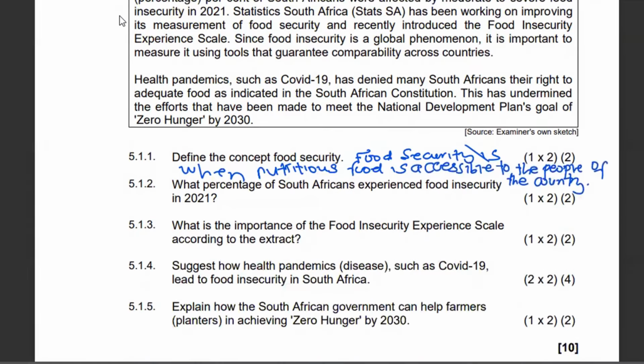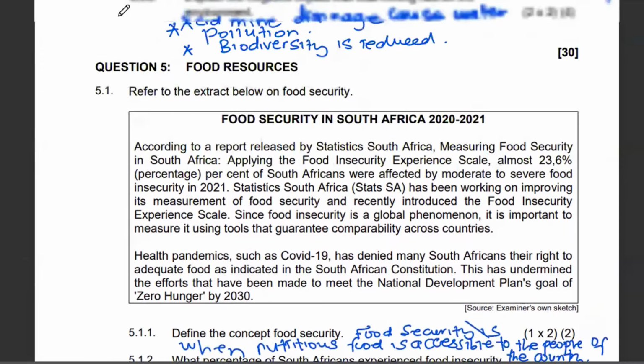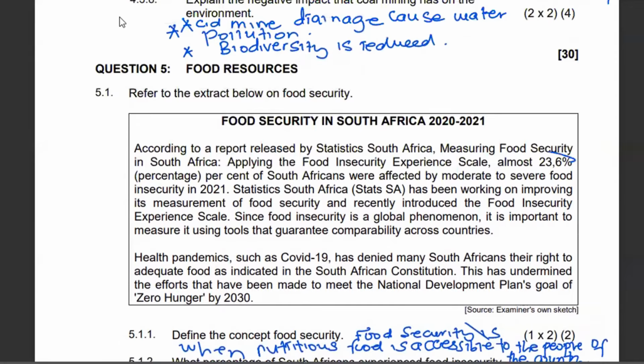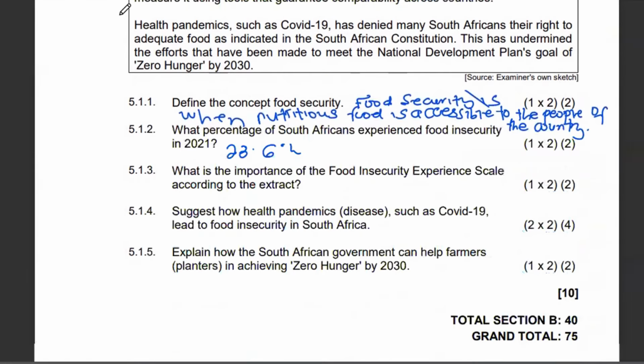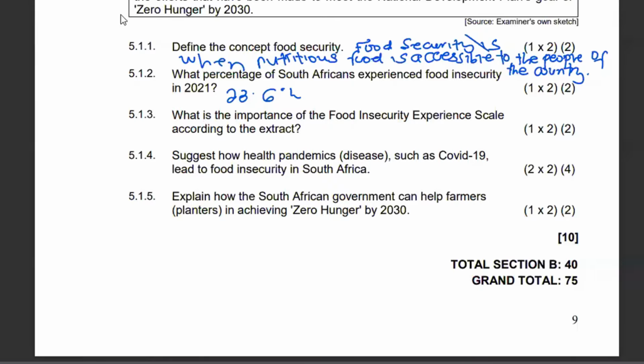What percentage of South Africans experienced food security in 2021? The percentage was 23.6%. Okay, as indicated here. Here is the answer. All right. Let's talk about the next question. What is the importance of the food insecurity experience scale according to the extract?